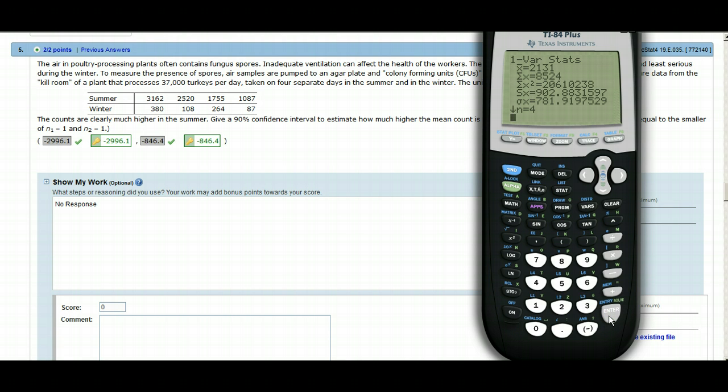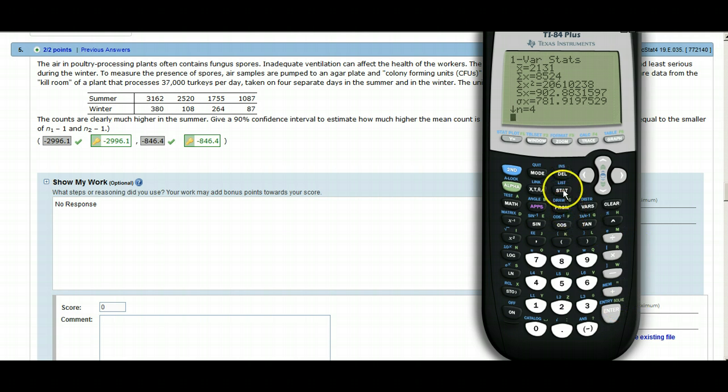So in this particular one, our first x bar sub 1 is going to be 2,131. And the standard deviation, make sure you use the S, is 902.88. And then n sub 1 was 4, so the degrees of freedom for 1 is 3.